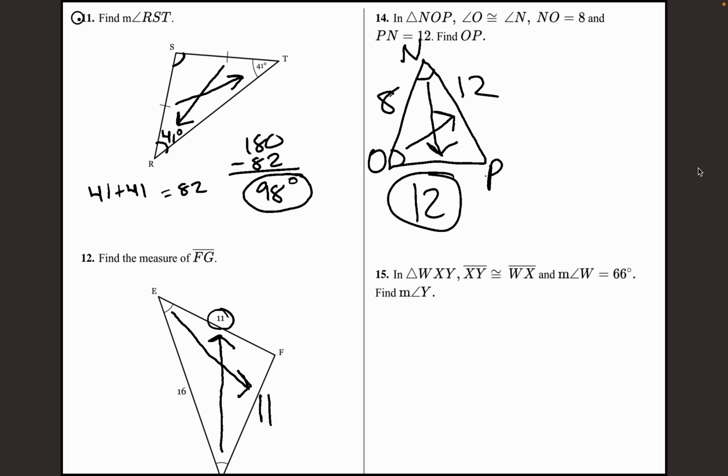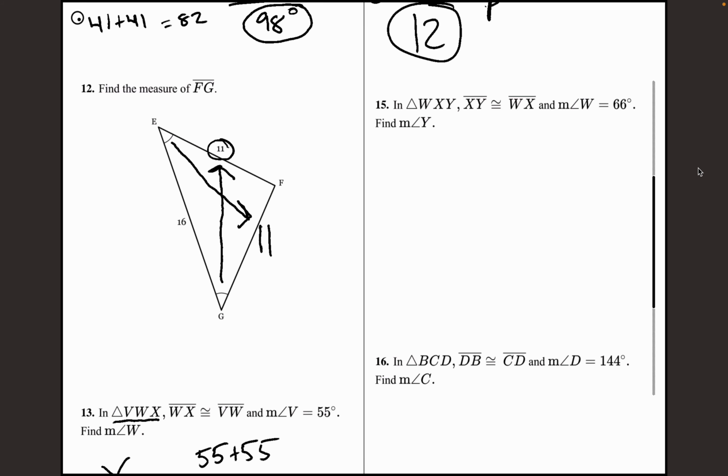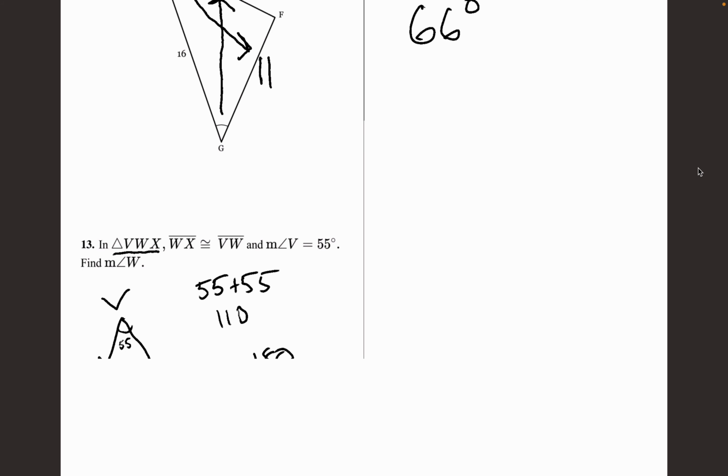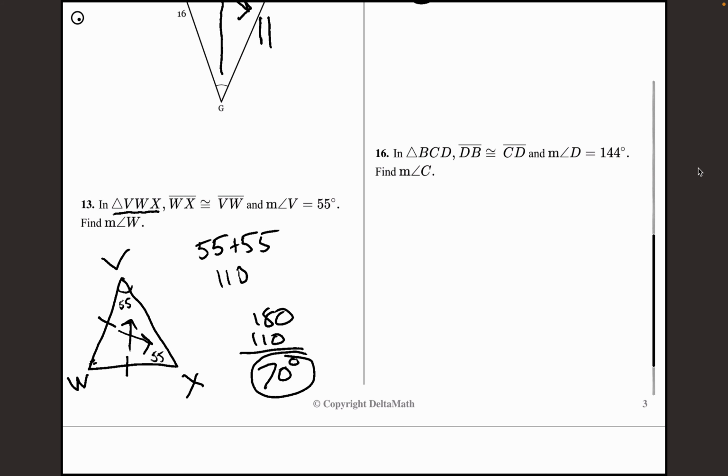Okay, does that help? All right, do we have any questions? Who can tell me what they got for 15? Do we all get 57? Okay, I think you should get 66. Those two angles are the same. Sorry, I have 114 divided by 2.